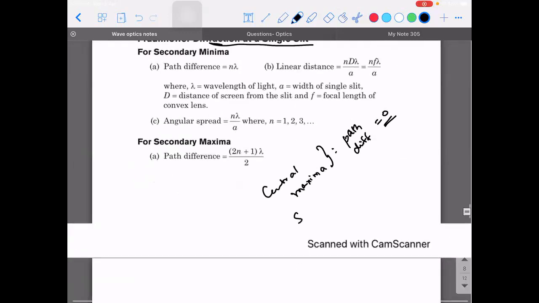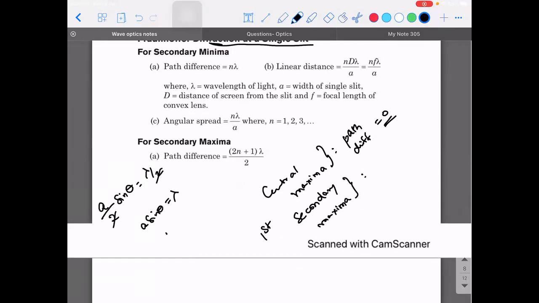So what is the condition for first secondary maximum? We will get something like this: a by 2 times sine theta is equal to lambda divided by 2. So a sine theta will be equal to lambda, then theta will be equal to lambda divided by a. Do you guys remember this?